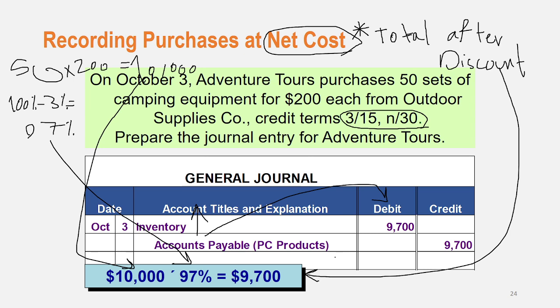Why? Because we buy it on account or on credit. So accounts payable is increased. Accounts payable belongs to liabilities, and whenever liability accounts are increased, we consider them a credit. So $9,700 inventory debit, $9,700 accounts payable credit.